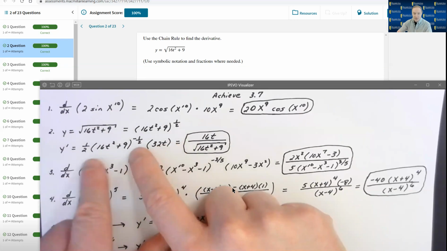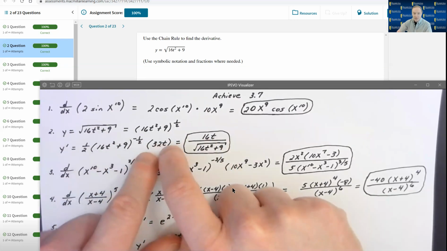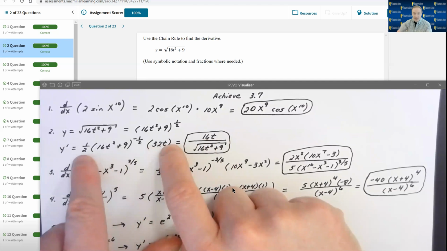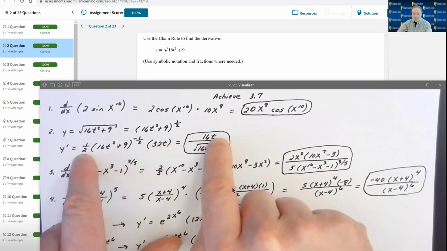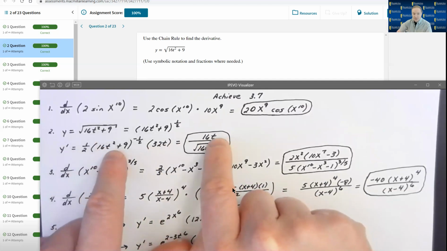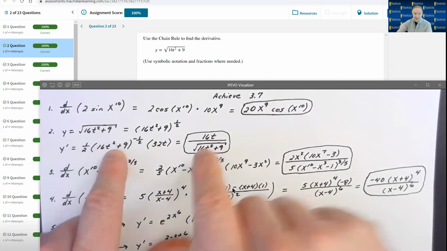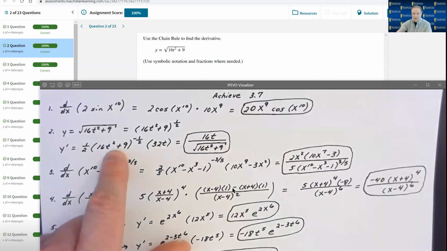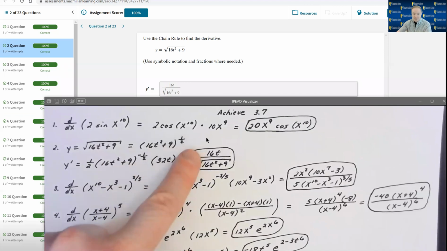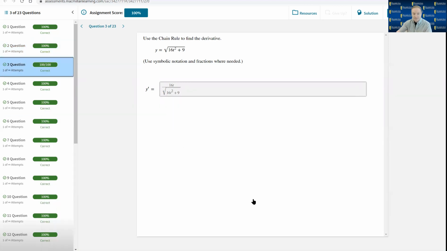So we can say, okay, final answer. I'll multiply the 32t by the 1/2 and get 16t in the numerator. This group to the negative 1/2 power means that the square root of 16t squared plus 9 belongs in the denominator. And again, you can see that Achieve accepted that answer just as I have it written there.